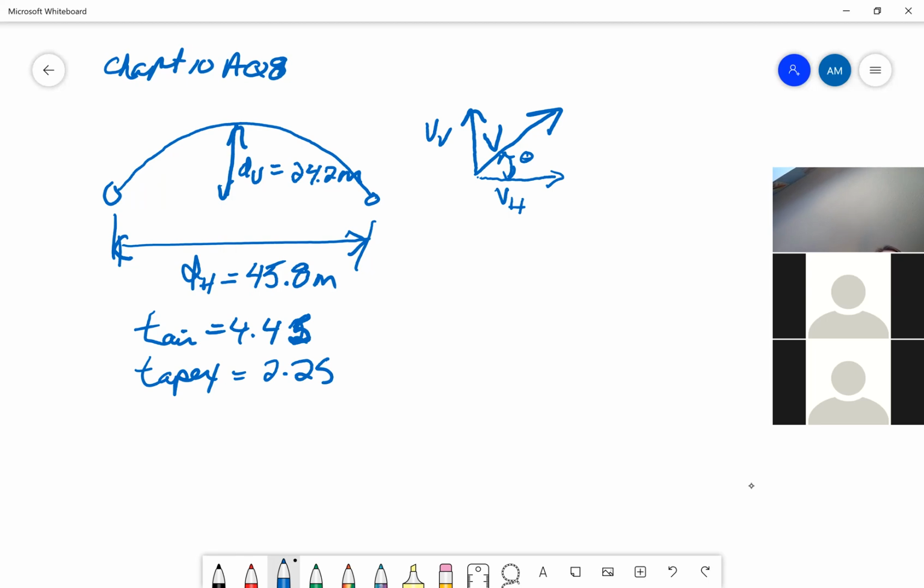So if that angle is less than 45, which is bigger, horizontal or vertical? I'm asking, somebody can just unmute and answer. Horizontal. Exactly, VH is bigger.